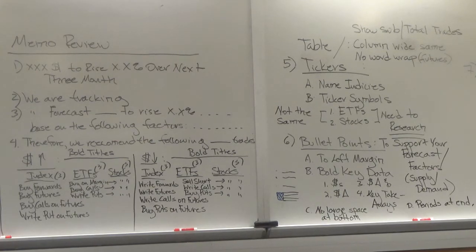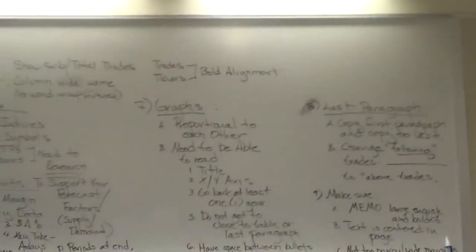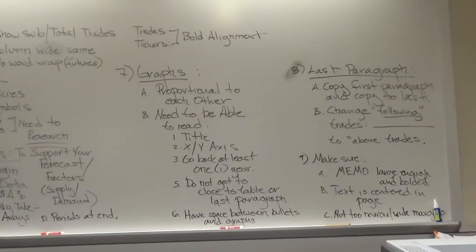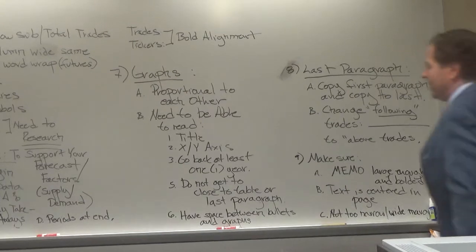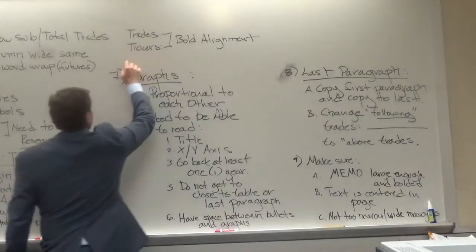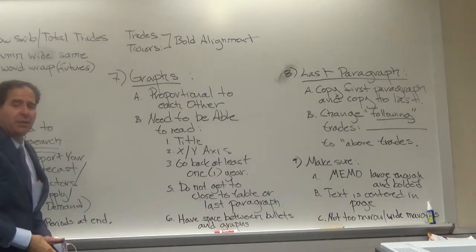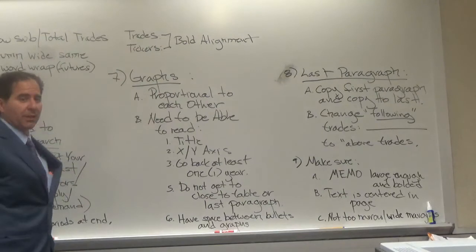Let's talk about the graphs, and let's talk about the last paragraph. Okay. In the tables, don't forget to have the trades and the tickers, the T's aligned, and make sure that those are bulleted with the semicolons, okay?